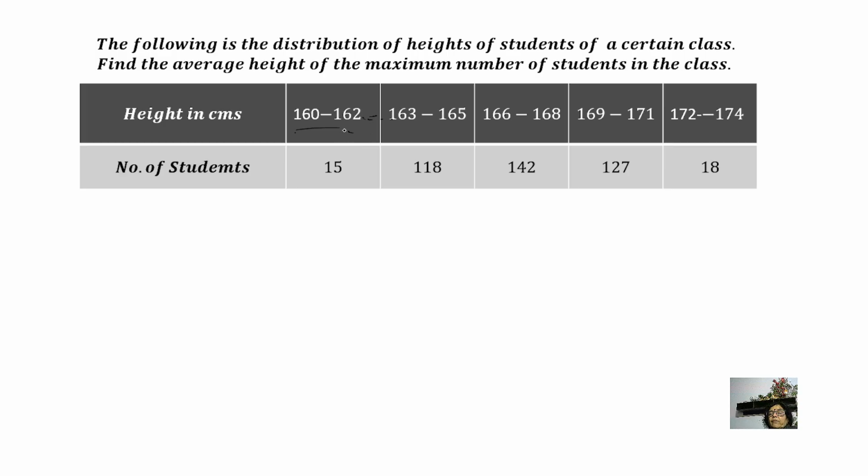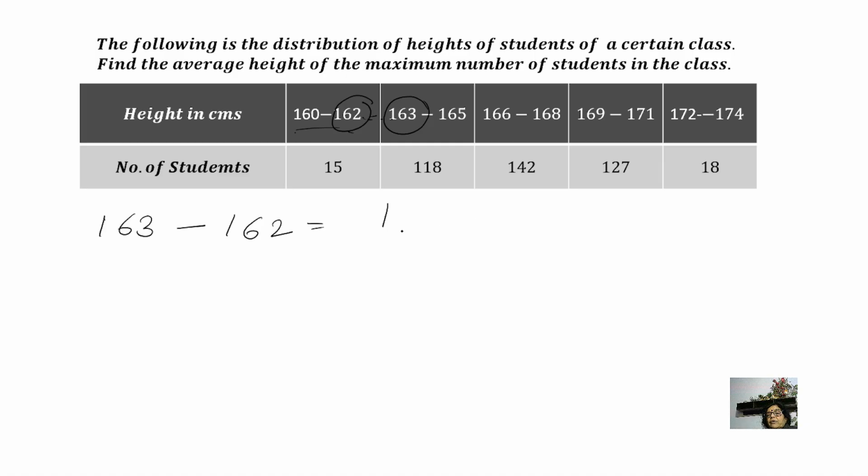So first of all, we'll put it in the exclusive format where the upper limit is not counted in that particular class interval. So in order to do that, we take up the upper limit of any class and the lower limit of the succeeding class. The lower limit of the succeeding class is 163 and upper limit of the preceding class is 162. We find out the difference. The difference is 1.